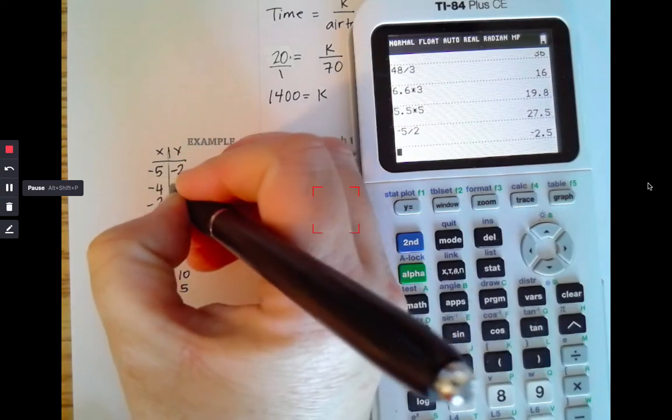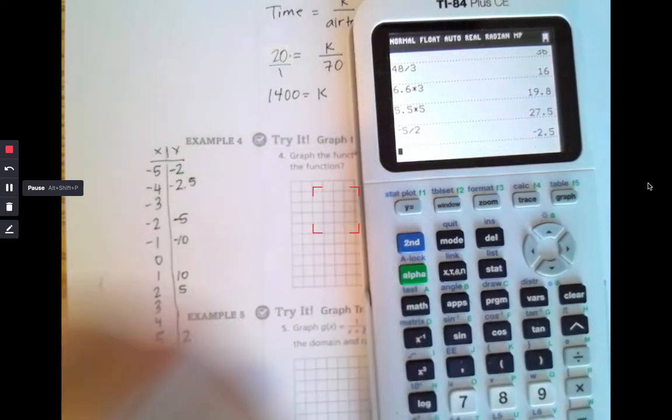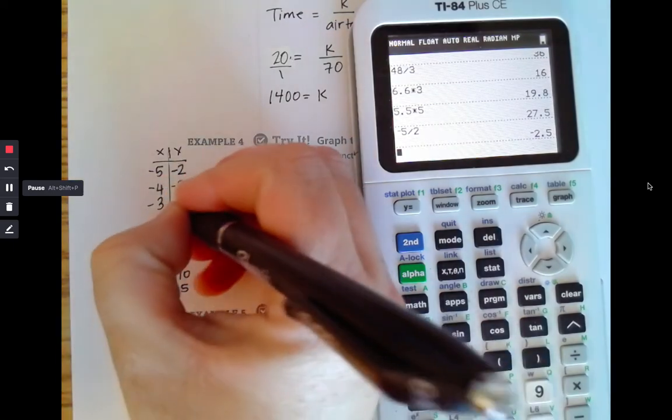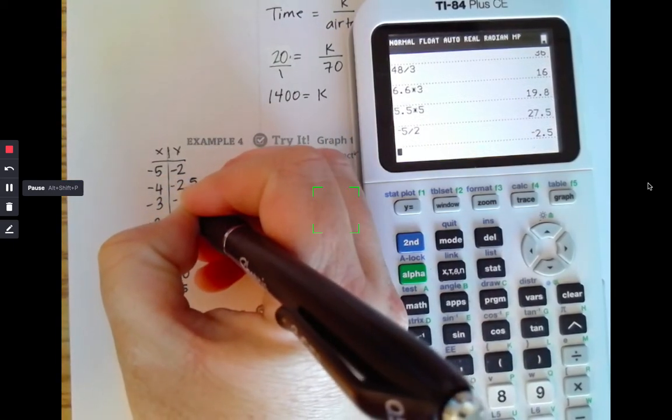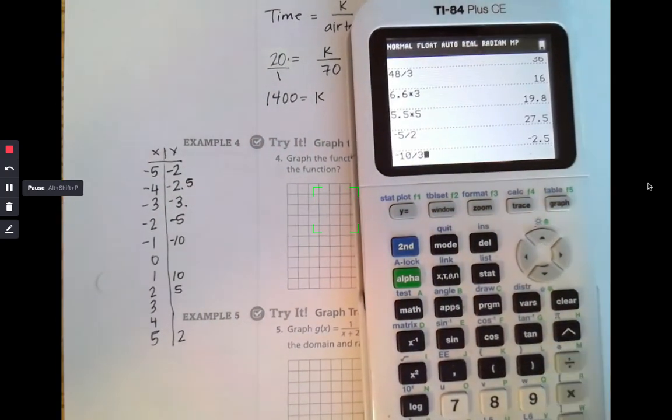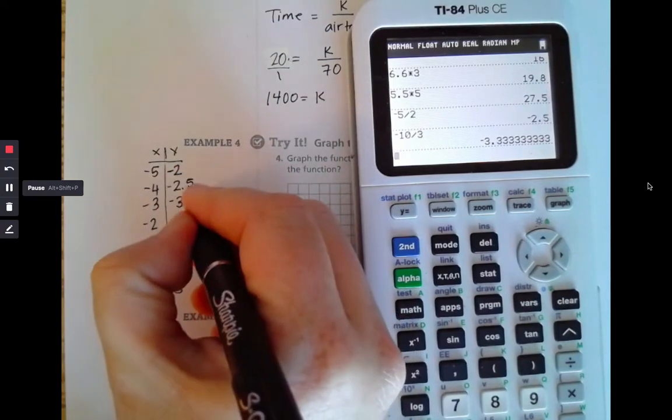All right, so I'm going to write it as a decimal, because when graphing, a decimal is a little bit easier than trying to figure out what the fraction is. Would y'all agree? Okay, so at 3, is it -3.3 repeating? It's -10 over 3, which is -3.3 repeating.